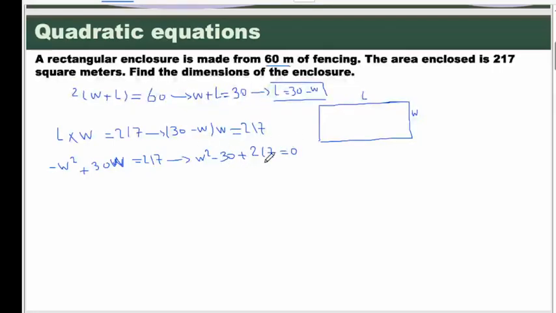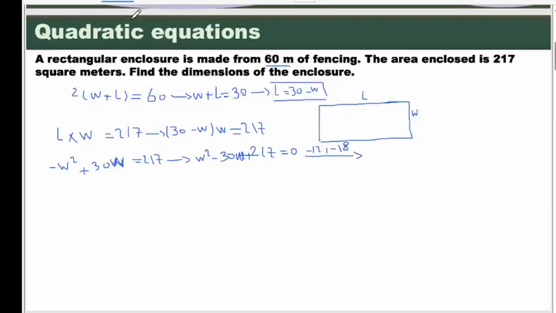It's a quadratic equation. To solve it, I look for two numbers whose product gives me 217 and whose sum gives me negative 30. The numbers I could find are negative 12 and negative 18.